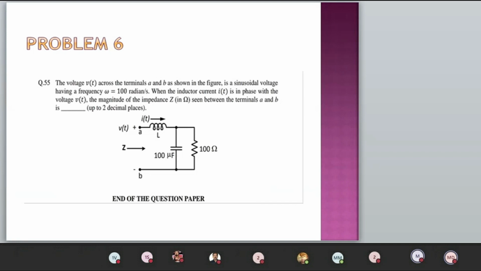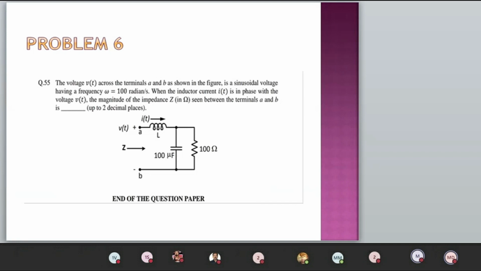So kindly understand, students, whenever an AC circuit comes into the picture, the phase relation is very, very important. For a pure inductor, the current lags the voltage by 90 degrees. For a pure capacitor, the current leads the voltage by 90 degrees.